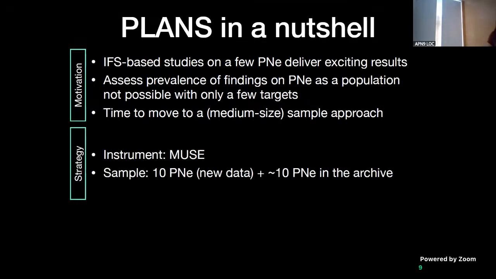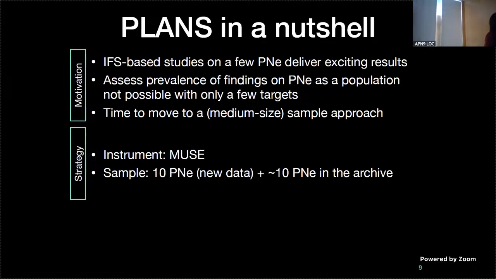And with this spirit, we applied for MUSE time, and we continue applying to obtain observations for a sample of 10 new planetary nebulae that together with those that are in the archive, you can gather, let's say, a sample of around 20, 25, depending on how much quality you want for your data.